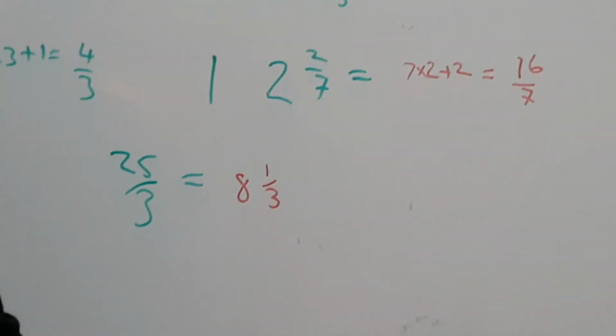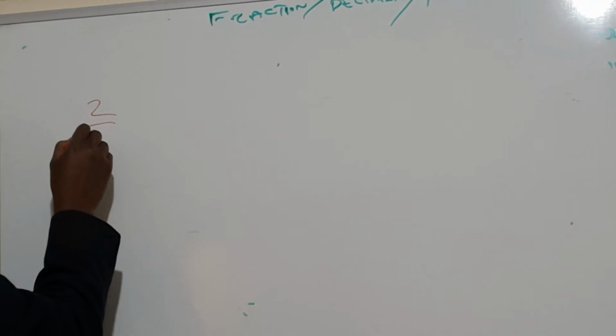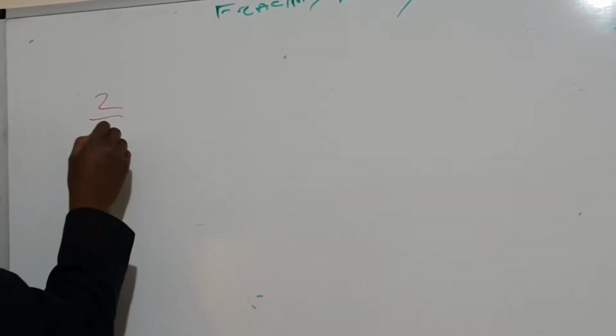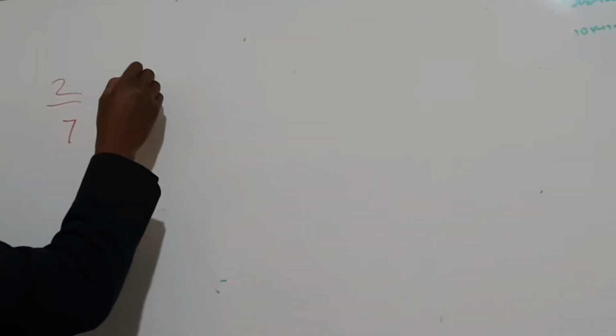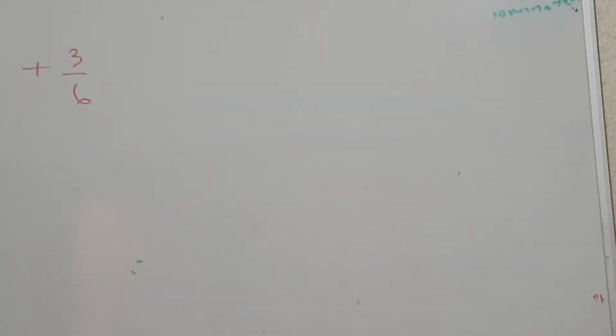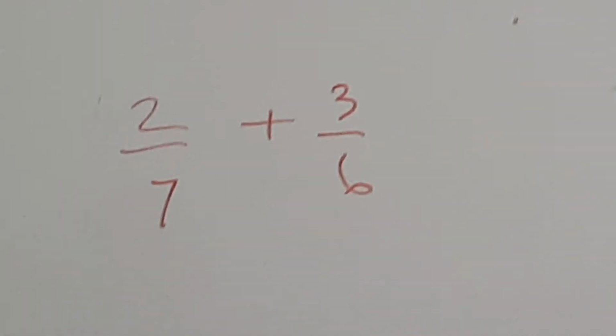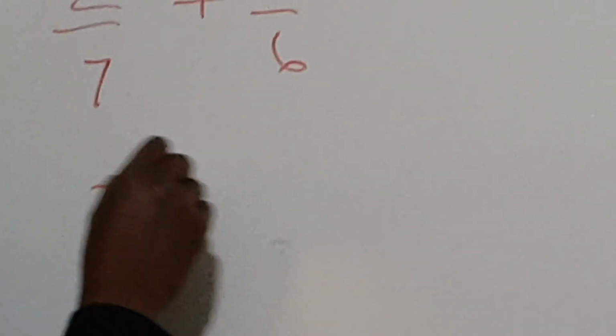Okay, so we go back to adding fractions. There are a lot of examples you can do on this. Let's say we are going to add 2 over 7 plus 3 over 6. In the African way, you just multiply the two numbers.